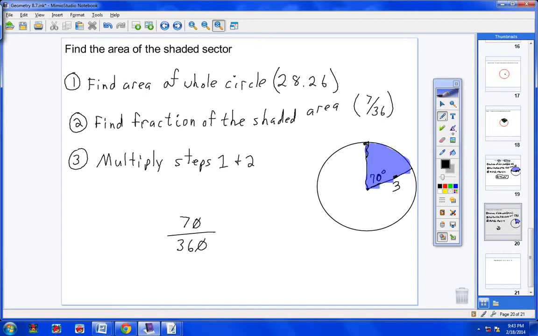And now you simply multiply the last 2 together. So we take 28.26 times 7 over 36. And I think I've messed that up. Hold on one second here.